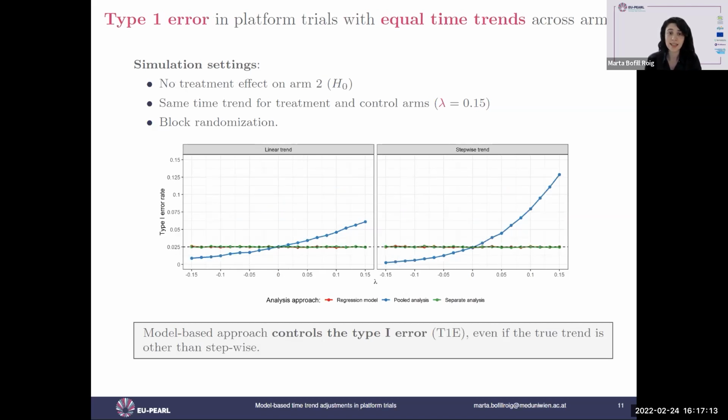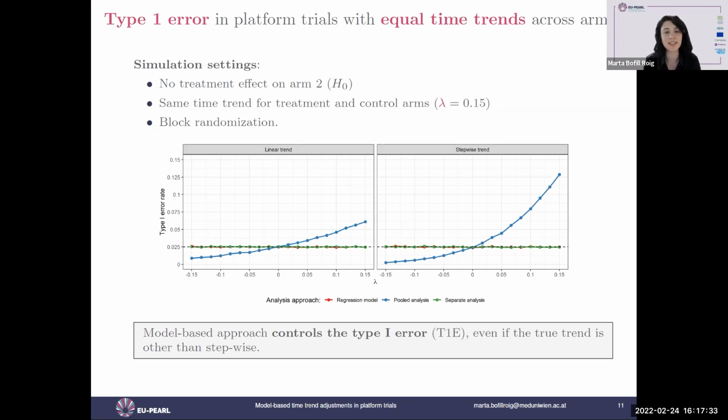Now we assess the type 1 error rate in trials with equal time trends across arms. We simulated under the null hypothesis, and the strength of the time trend is assumed to be equal in all arms as before. So we plot the type 1 error according to the strength of the time trend and depending on the pattern of the time trend.